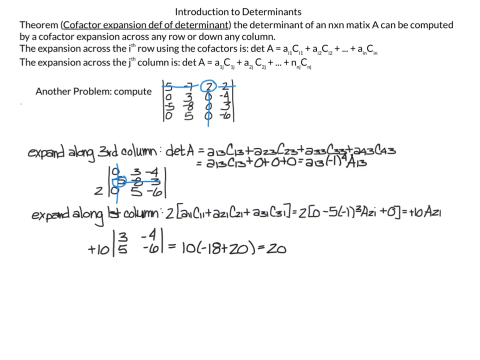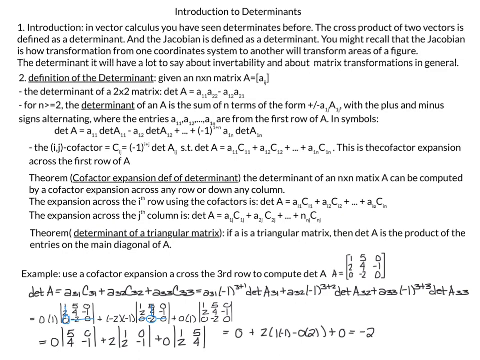I had lost track of where I was, but yes, there is our answer, 20. To review what we had covered, we talked about determinants. We did our definition of the determinant of the 2 by 2 matrix given this formula.